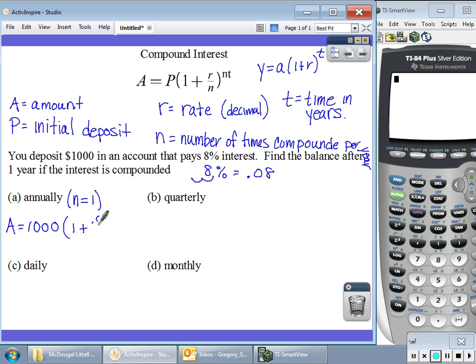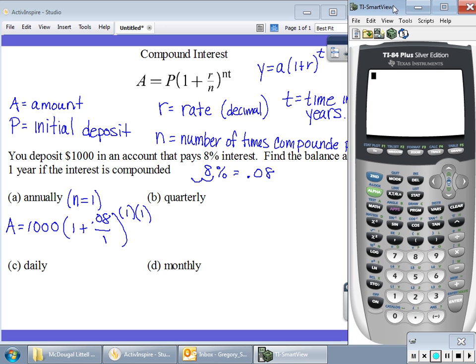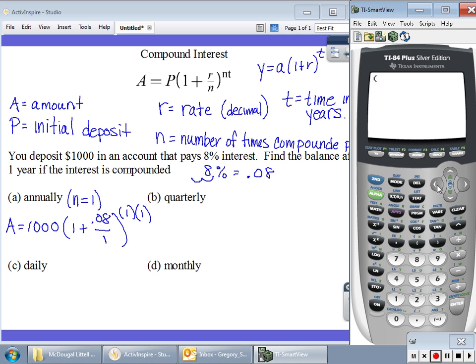So we have 0.08 divided by 1, raised to the N, which is 1, times T, which is 1. We'll plug that into our calculator: 1,000 times (1 plus 0.08 divided by 1), raised to the power of 1 times 1. Hit enter, and that's $1,080.